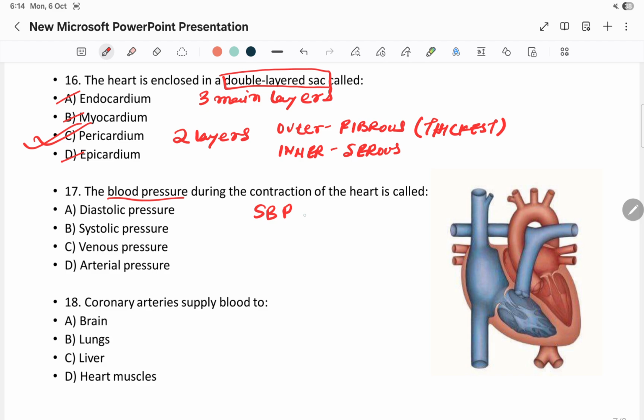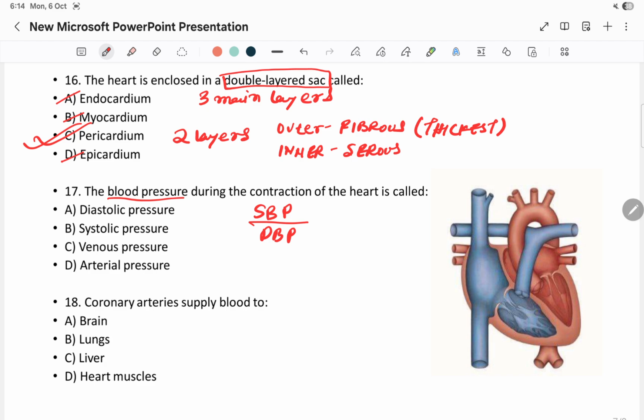Systolic blood pressure is the maximum pressure in your arteries, measured during contraction, and diastolic blood pressure is the minimum pressure in your arteries when the heart is at rest, meaning during relaxation.